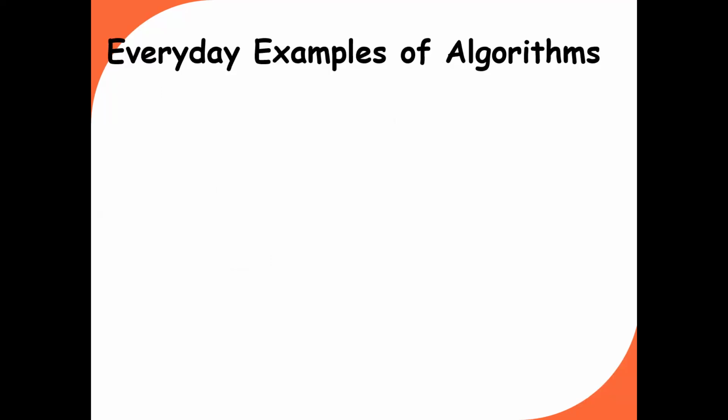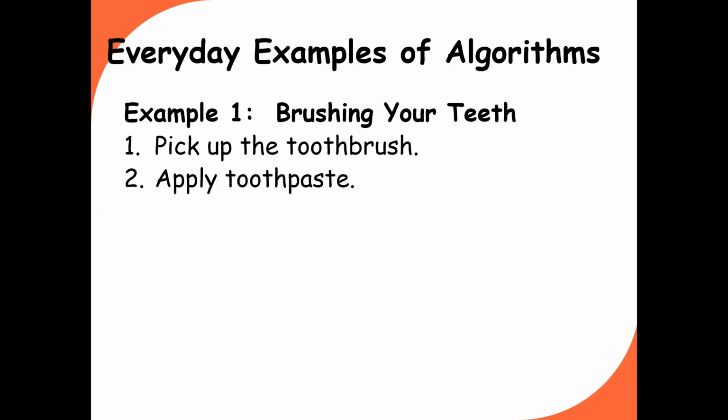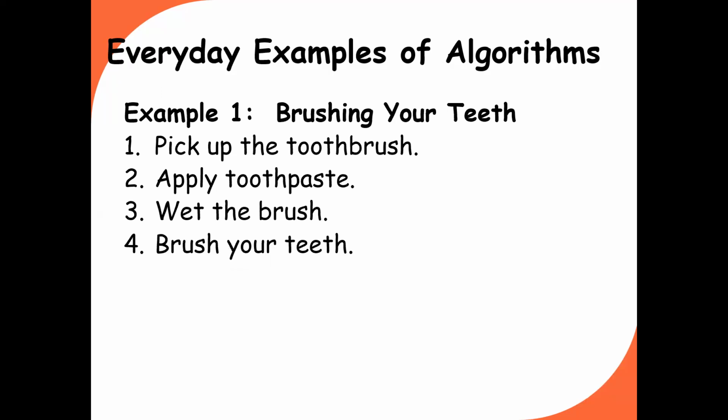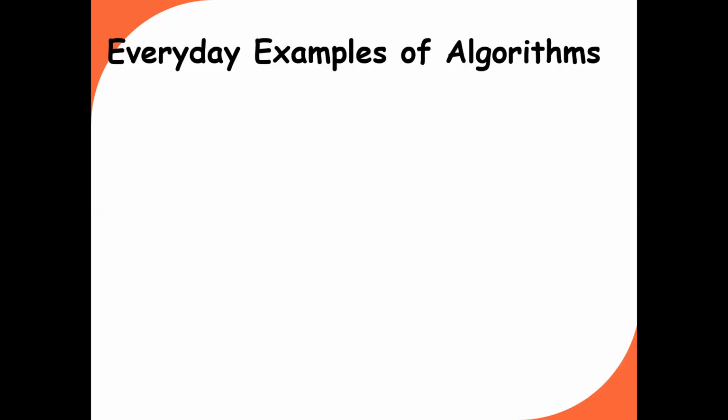For everyday examples of algorithms, consider brushing your teeth. The steps: you need to pick up the toothbrush, apply toothpaste, wet the brush, brush your teeth, rinse your mouth, wash the toothpaste off, and put the brush back where you picked it up for later use.